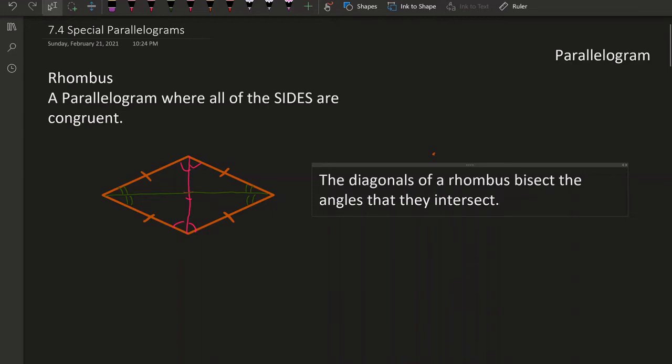But those 4 triangles each have this pink angle and this green angle and this orange side, which means all 4 of these triangles are congruent by angle side angle. Now, if all 4 of those triangles are congruent, that means that all of the pieces have to be congruent, which leads us to this interesting fact about the third angle. This third angle is congruent all the way around.